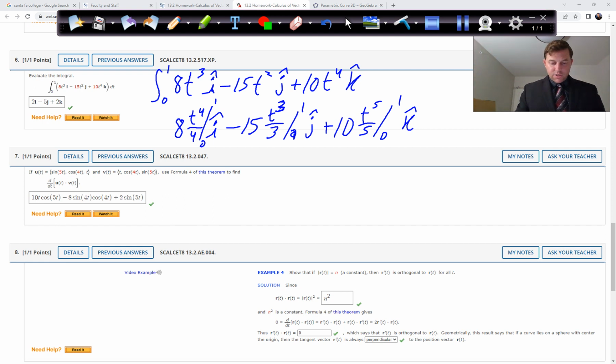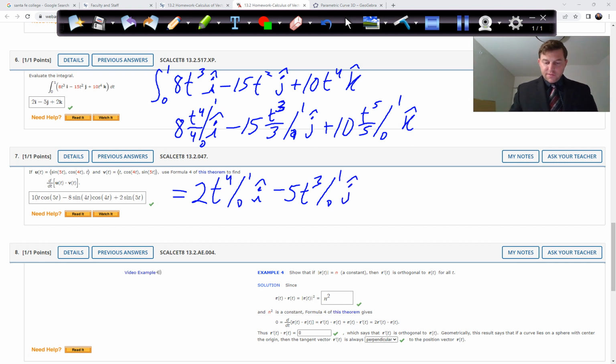So 8 over 4 is 2, so this is going to be 2 t to the 4th from 0 to 1 in the i. 15 divided by 3 is going to be minus 5 t to the 3rd from 0 to 1 in the j. 10 divided by 5 is 2 t to the 5th, 0 to 1 in the k.